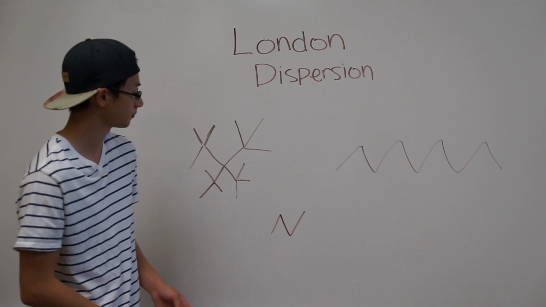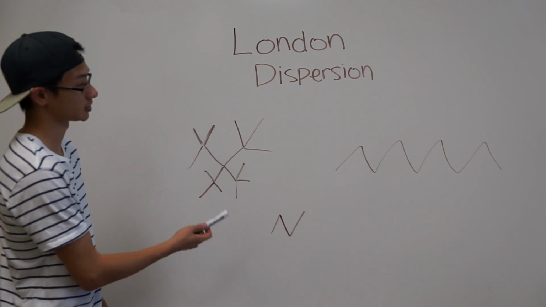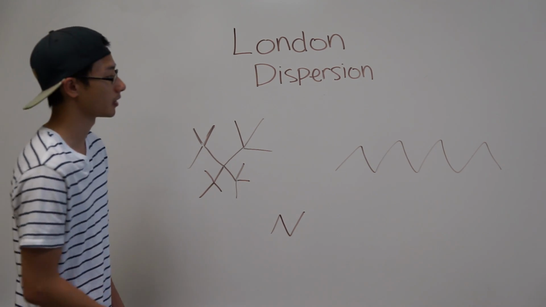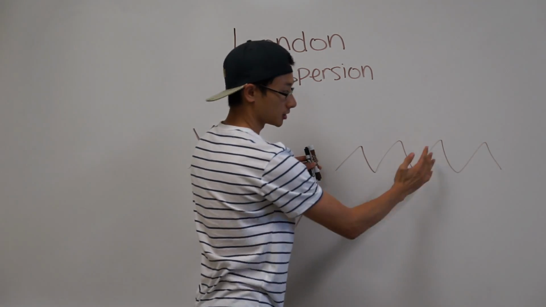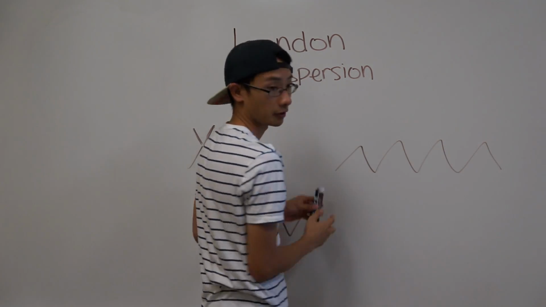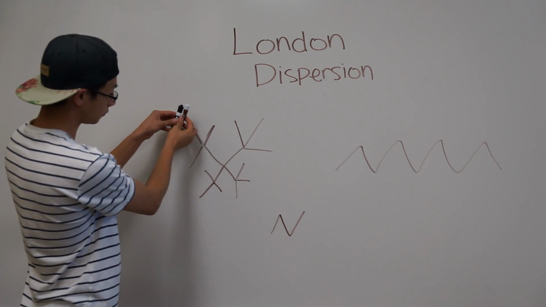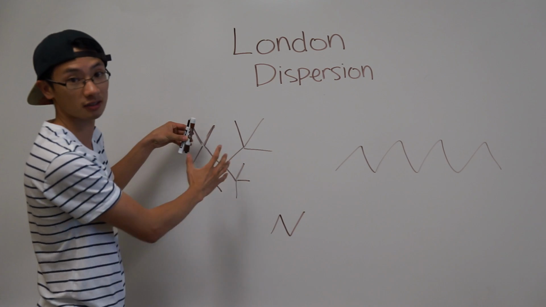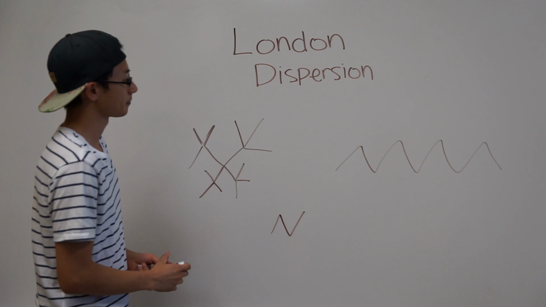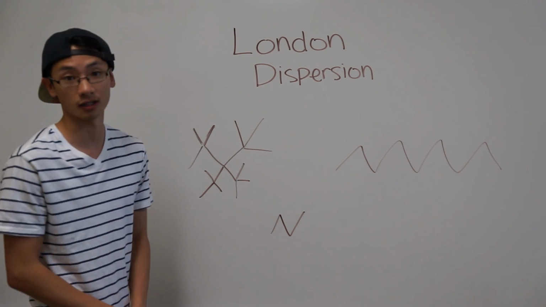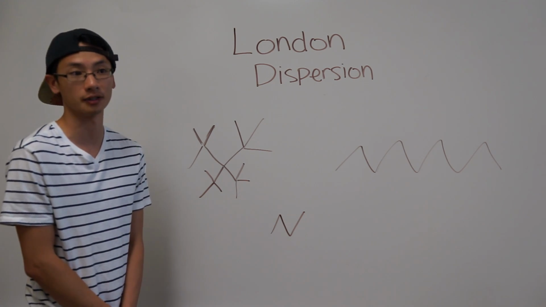Also, how linear the molecule is determines the strength of the London dispersion force. If it's linear like this, all the electrons move here, so the dipole is concentrated, and you could draw a vector arrow. But compared to this molecule, which is more round, if they move one way, it doesn't create as much of a dipole moment. So it is slightly weaker and will thus cause the molecule to have a lower boiling point and melting point.